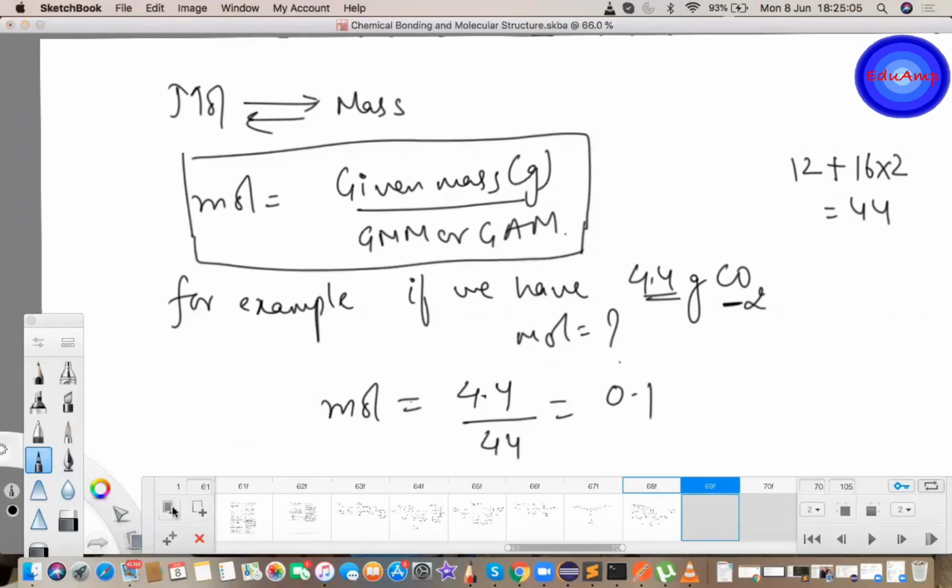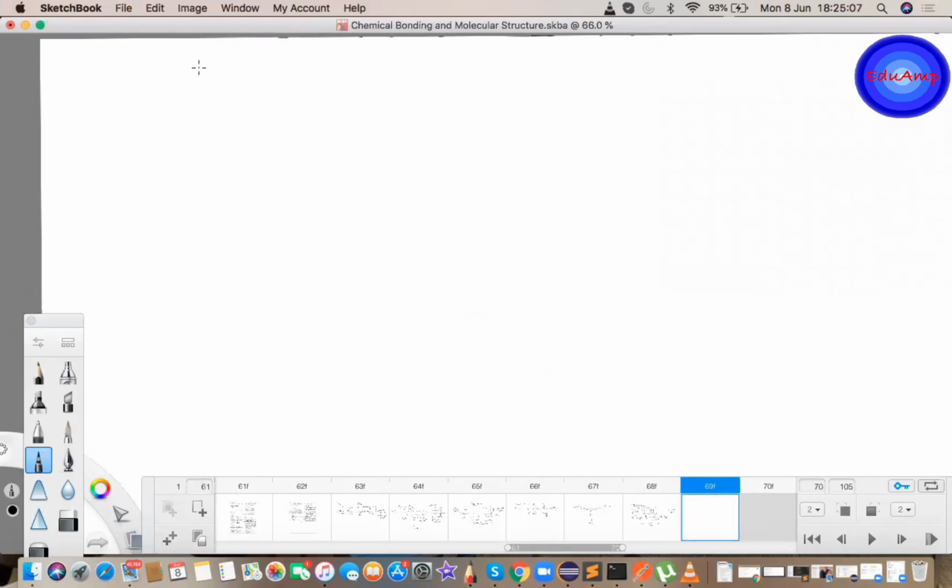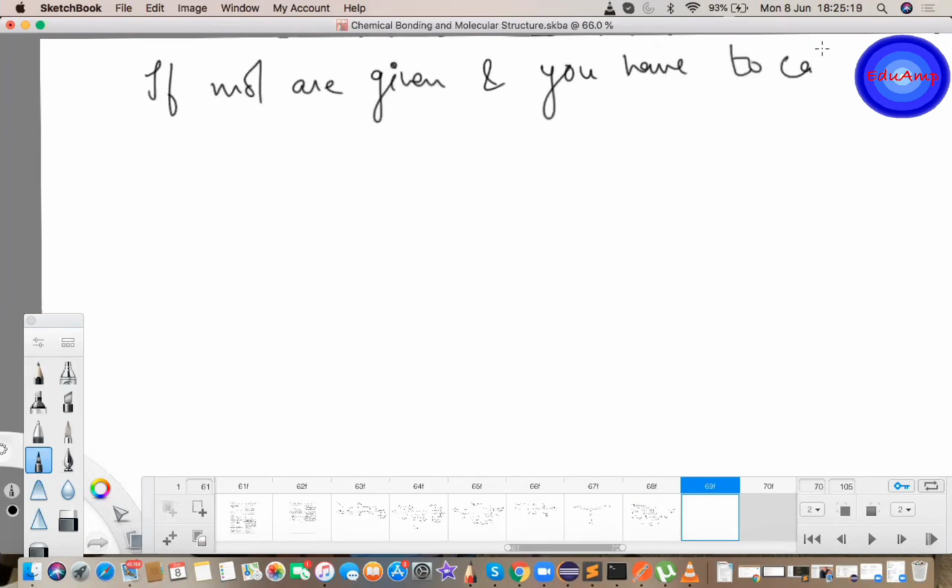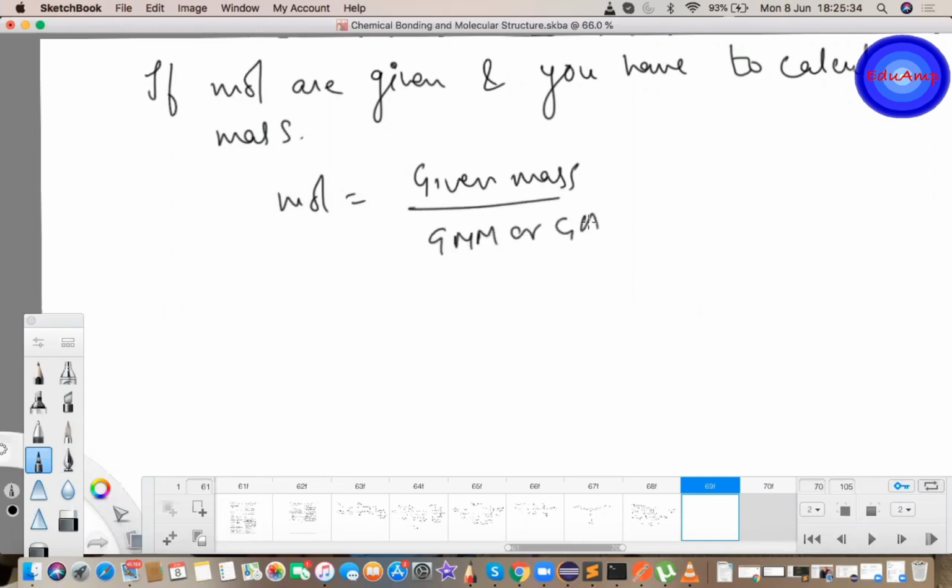Now, if moles are given and you have to calculate mass, then what are you going to do? Again, you know the formula: mole is equal to given mass upon gram molecular mass or gram atomic mass. Just multiply mole with gram molecular mass or gram atomic mass, you will get given mass.